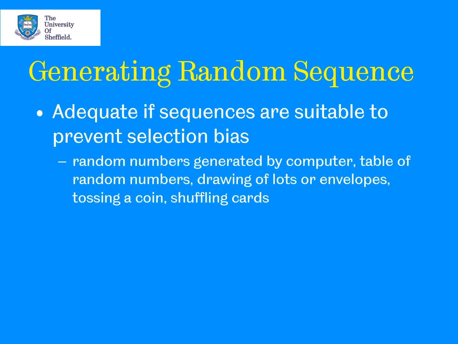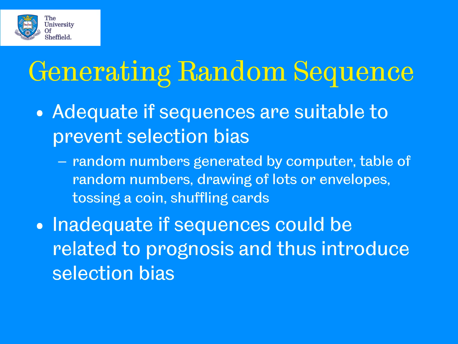In terms of how the Cochrane Collaboration tackles the generation of a random sequence, the assessment is regarded as being adequate if the sequences are regarded as suitable to prevent selection bias.